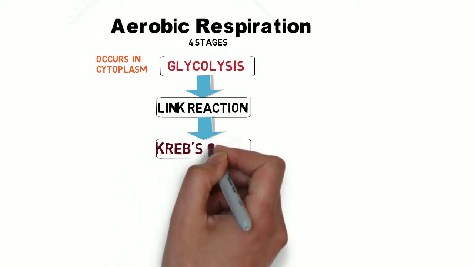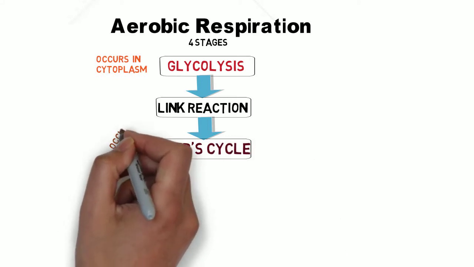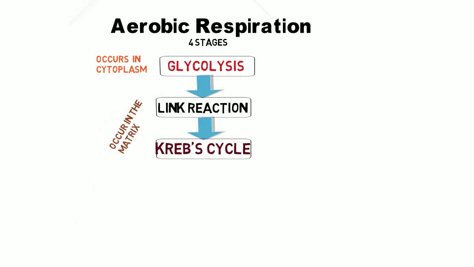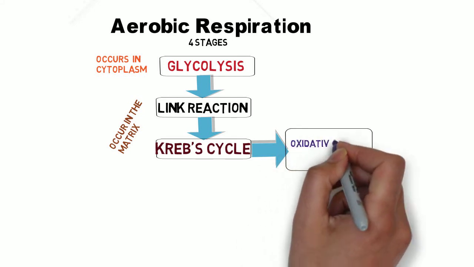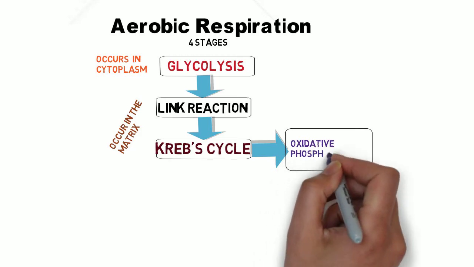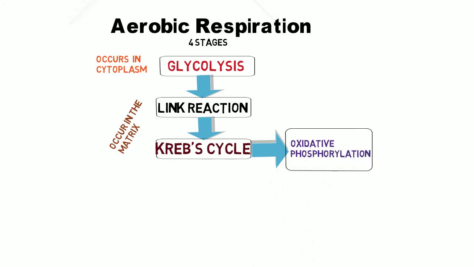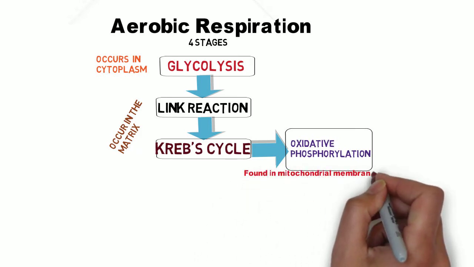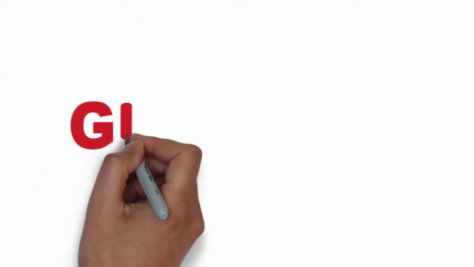The Krebs cycle, which follows the link reaction, also occurs in the matrix of the mitochondrion. And the final stage, which occurs in the inner membrane, is called oxidative phosphorylation. Here is where most of the ATP is produced, and as a result, aerobic respiration produces lots more ATP.